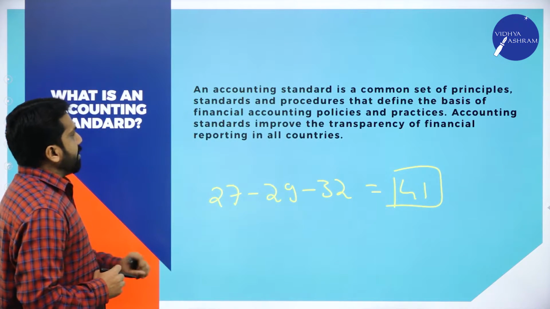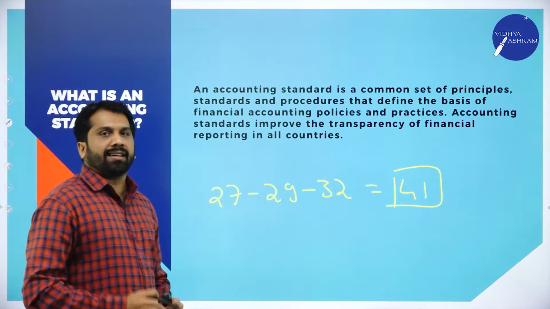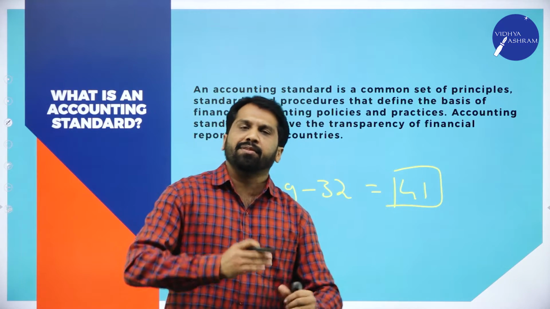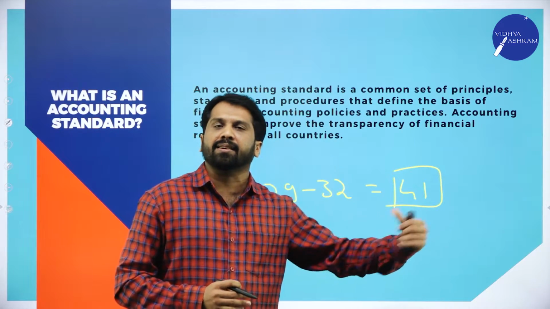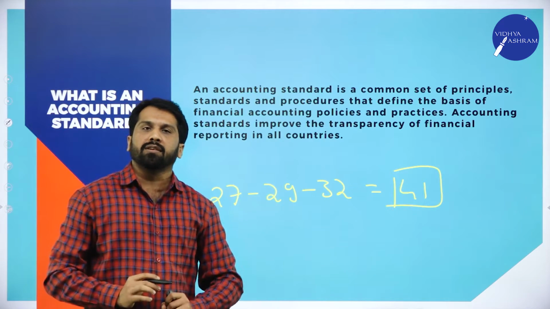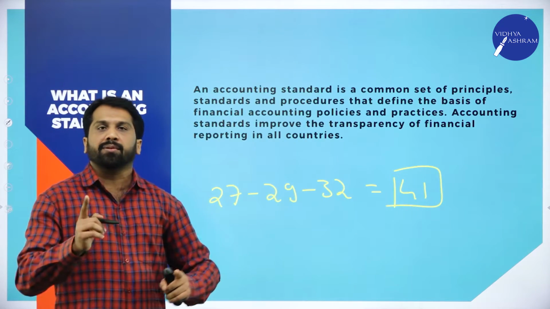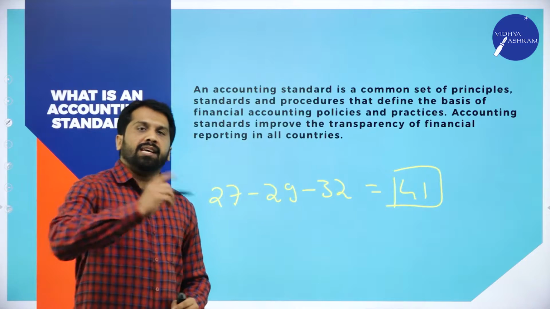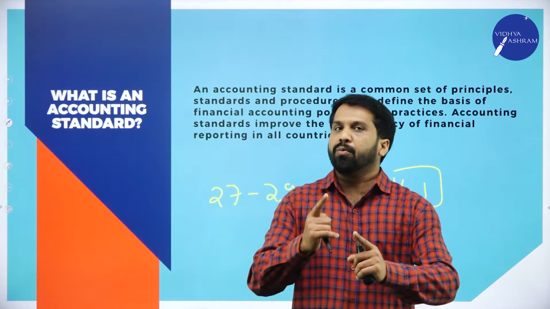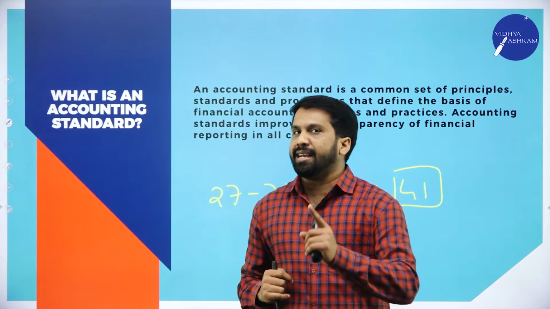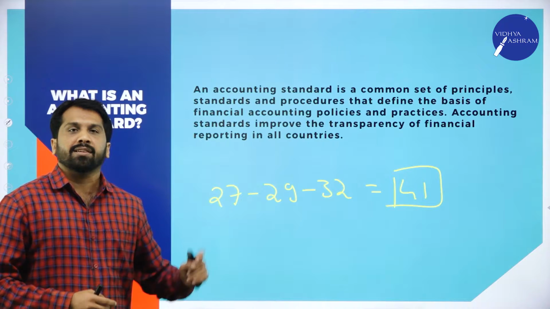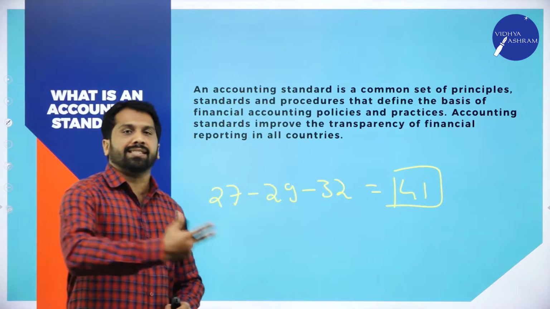Now again, what do you mean by accounting standard? Similarly, what we learn for IFRS, the same concept applies for Indian Accounting Standard also. IFRS is for the complete world, Indian Accounting Standard only for India. Even with your driving license, you get 2 kinds. One is the universal license, which means not only in India, in many countries you can go with that license.